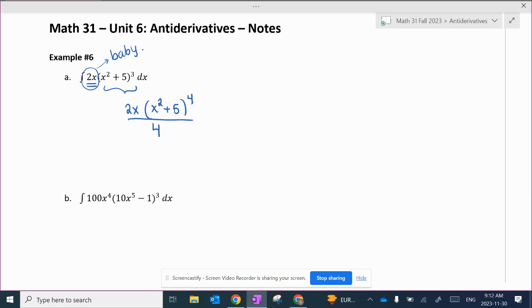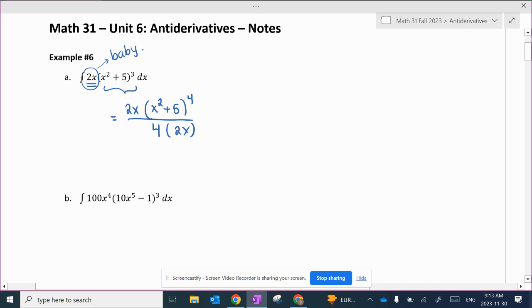In the chain rule, we would have multiplied our derivative by the derivative of the inside function. Because we're finding antiderivatives, rather than multiplying, what are we going to do? What's the opposite of multiplying? Divide. So we're going to divide by the derivative of that inside function, which is 2x, which matches the baby.